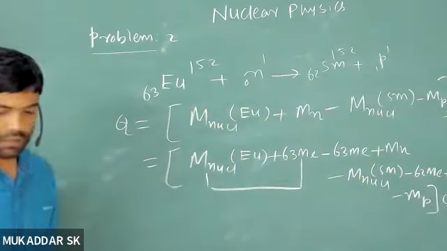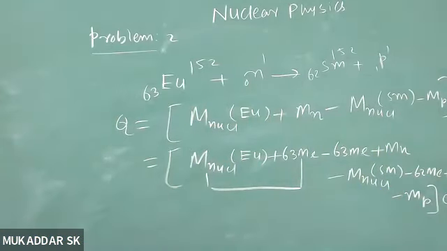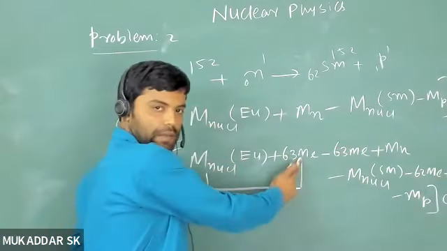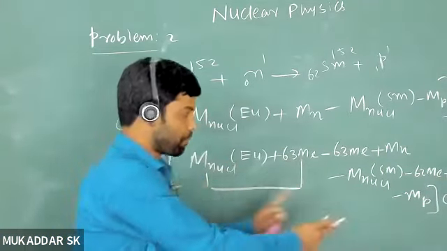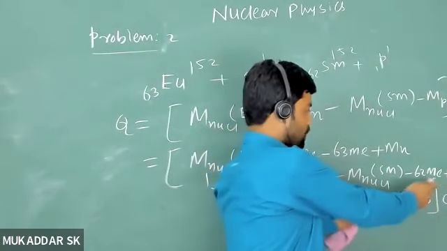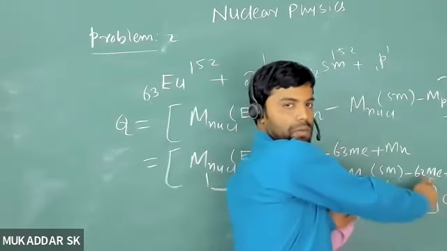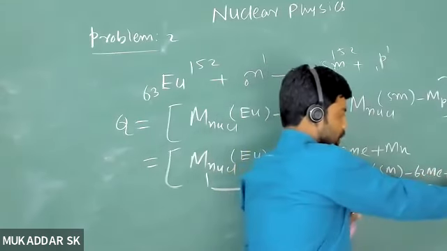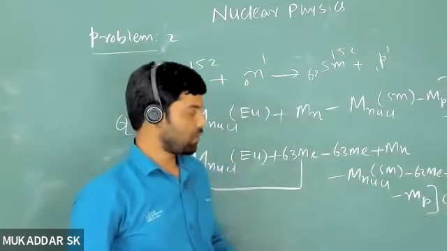Sorry, you will have c square here. Okay? Now this I can write as the atomic mass of europium. If you take minus common, you will have the atomic mass of Sm plus 62 times the mass of an electron.